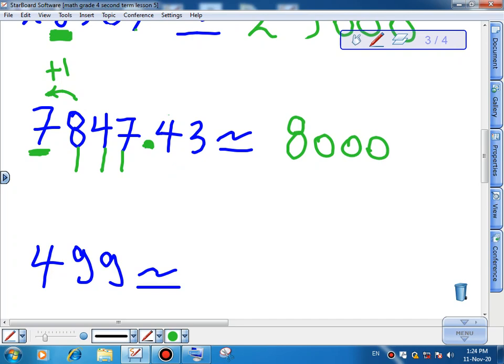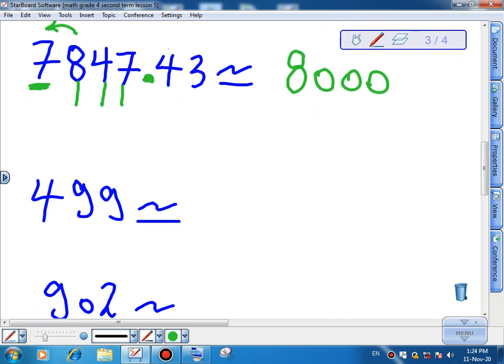Okay? Another one, 499. I need to approximate to the nearest thousand. If I look at this number, units, tens, hundreds, where is the thousandth place? There is no number in the thousandth place. So I make an underline under nothing, like this. I imagine there is a number here with no value, like 0.